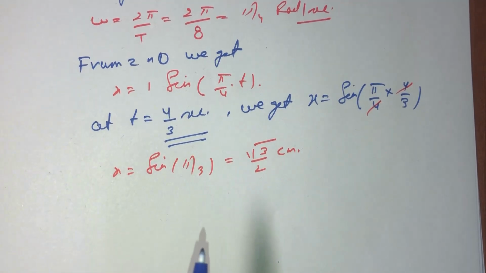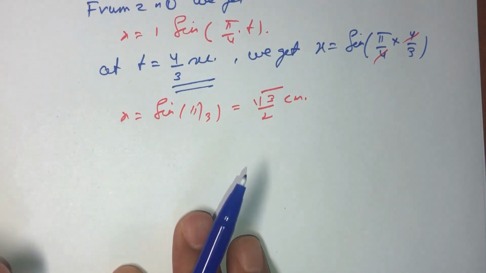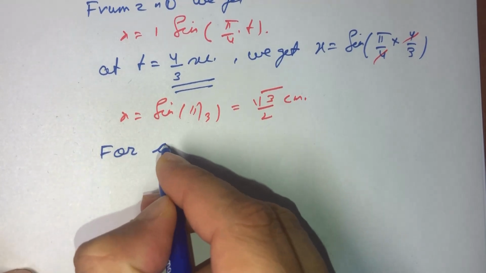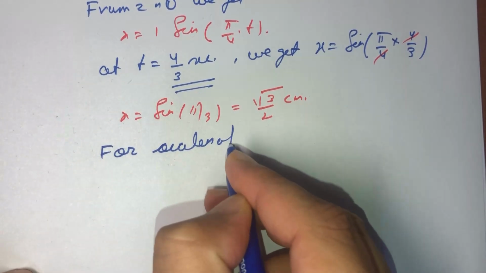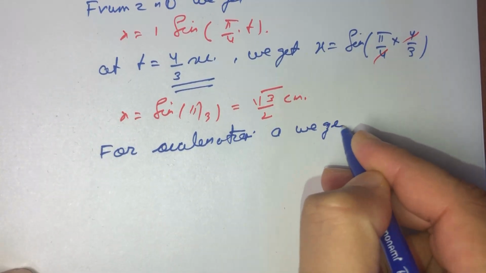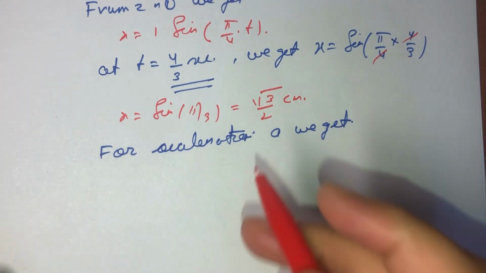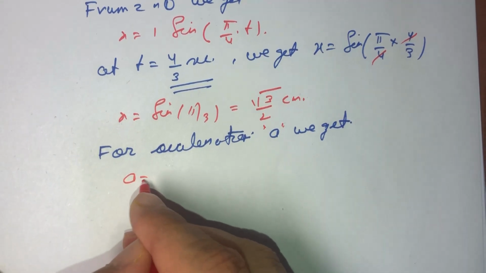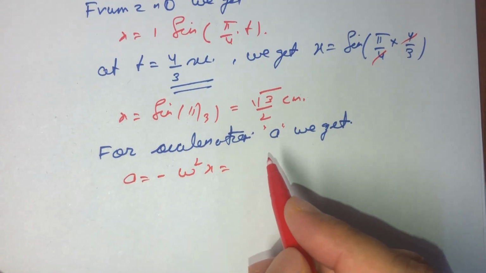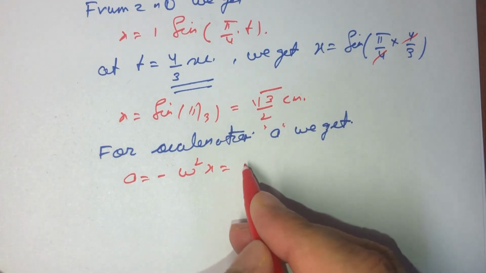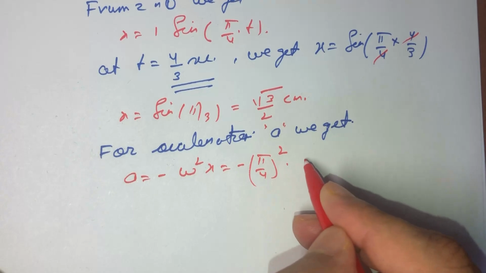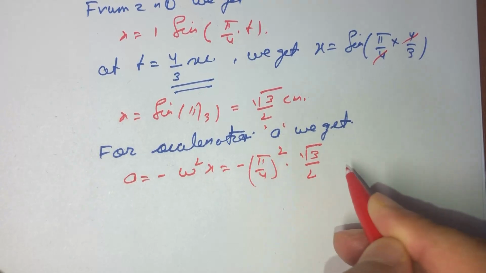And for acceleration a, we get a is equal to minus omega square multiplied by x. Substituting the value of omega, we get pi by 4 whole square multiplied by root 3 by 2.